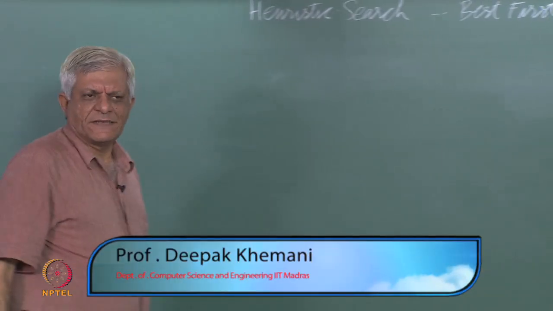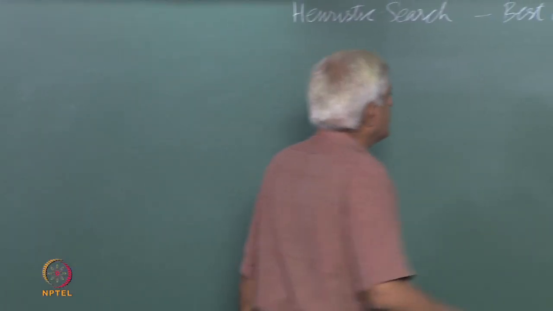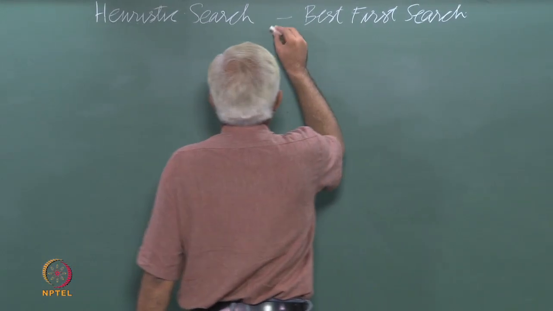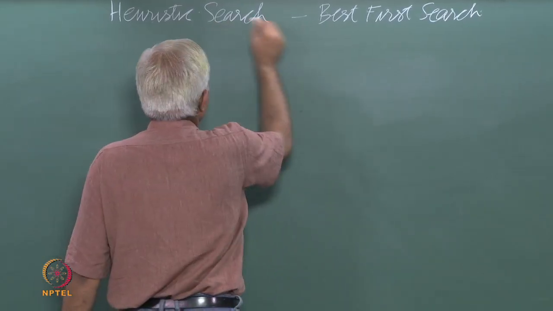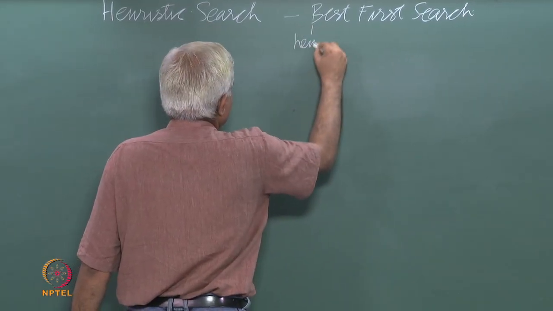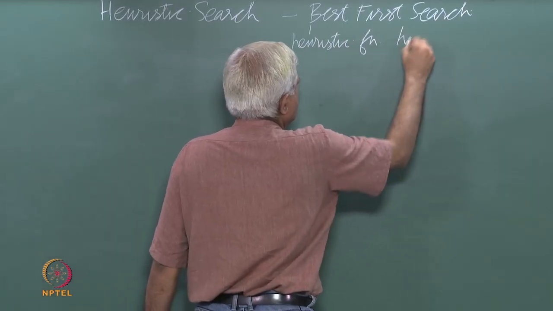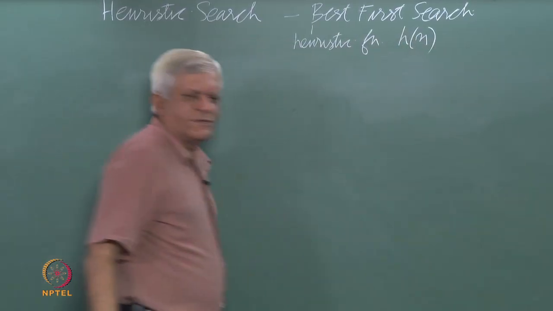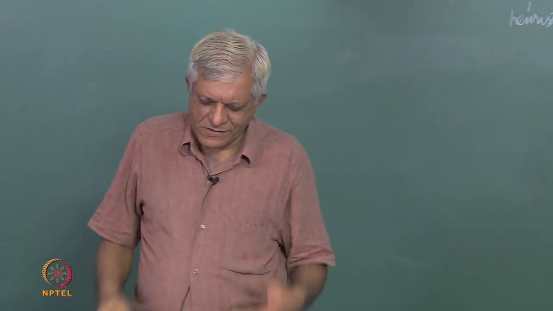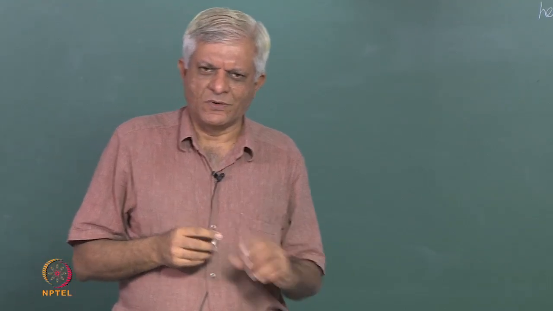The way that this algorithm works is that it uses a heuristic function h of n, which gives you an estimate of the distance to the goal.